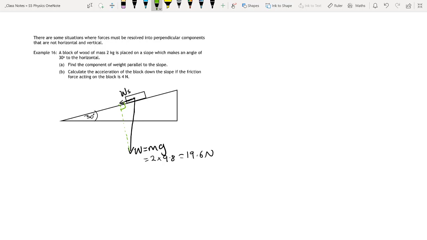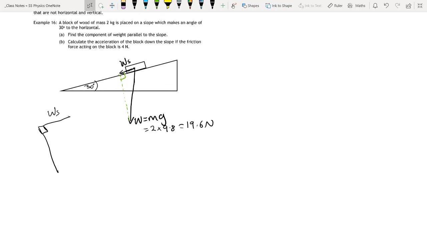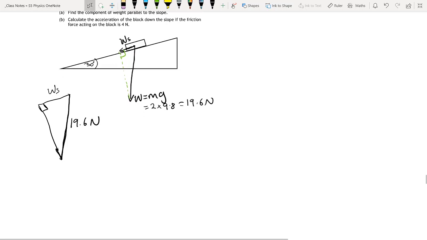We need the angles for that triangle, so I'm going to redraw that triangle just underneath it. So we've got WS, that's a right angle, and that's our weight, so 19.6 newtons. We need some angles in there because we can't really do anything with that unless we've got some angles.